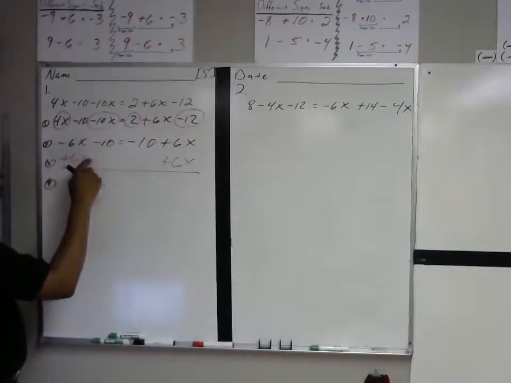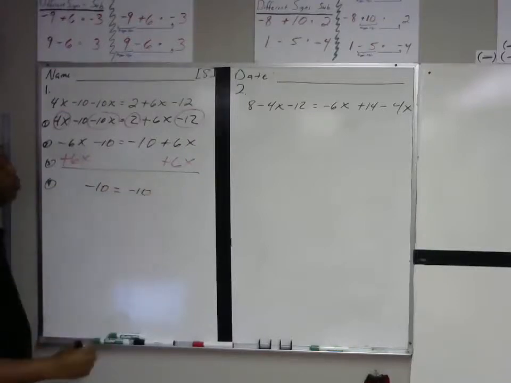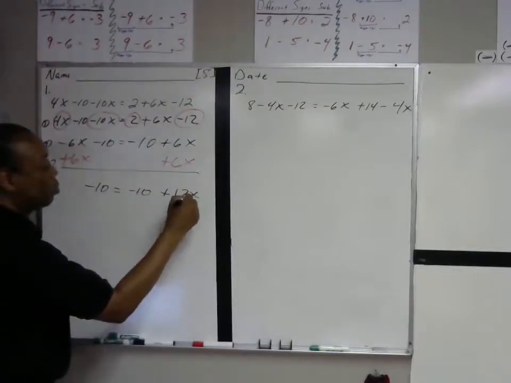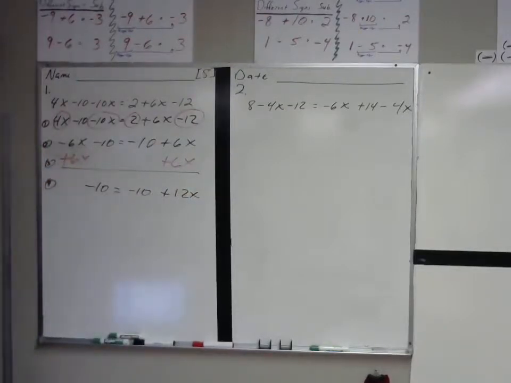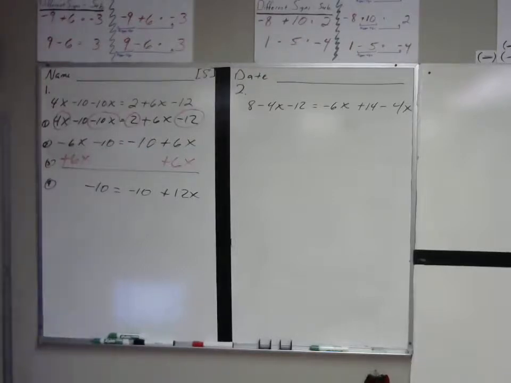The 6x's cancel. You're left with negative 10 equals negative 10 plus 12x. Wait a second. Oh, you see what's coming? My brain was like, I know this isn't true. How can negative 10 equal itself plus another number?